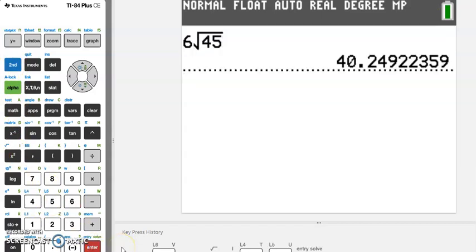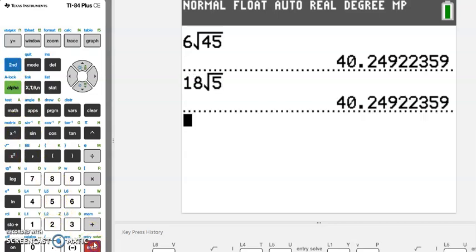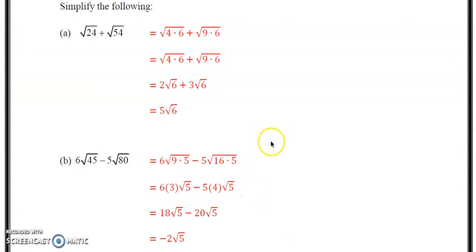Just hit enter, and you get 40 decimal 4, blah blah blah. And do the same thing with 18 square root of 5, and you enter, and they're obviously the same, right? So that's just a way to do a quick check to make sure you're doing it correctly. I think I showed that in the previous video, but definitely a good opportunity to take a look and check that out.